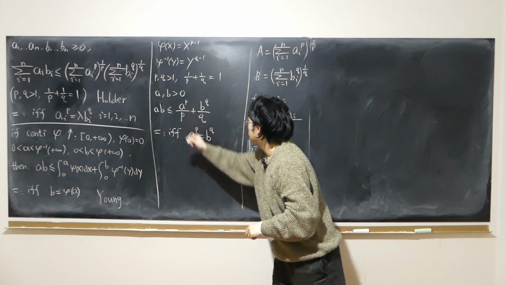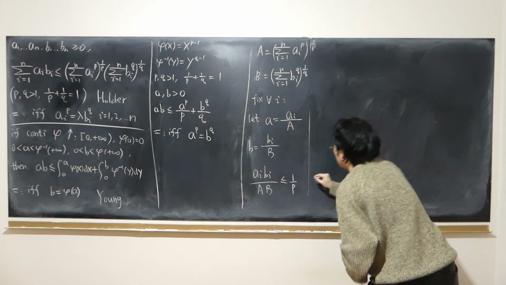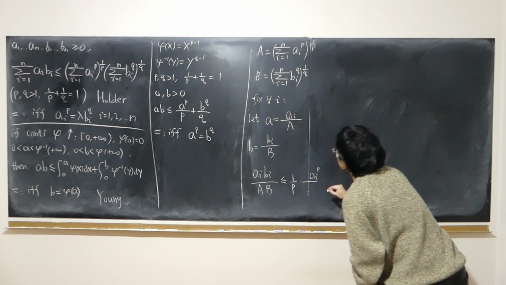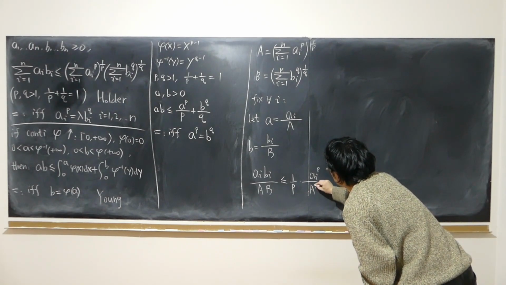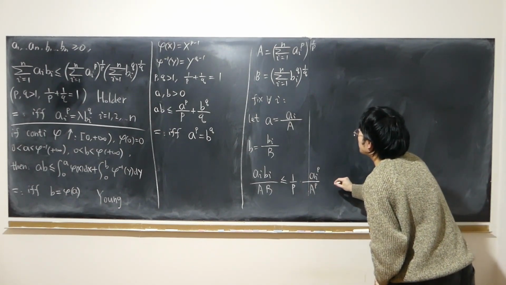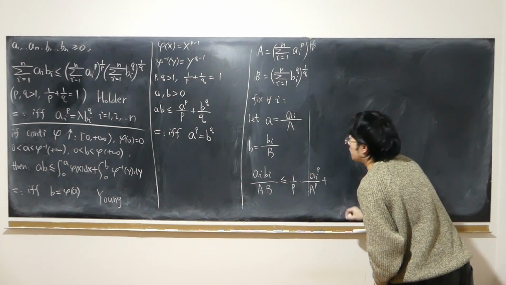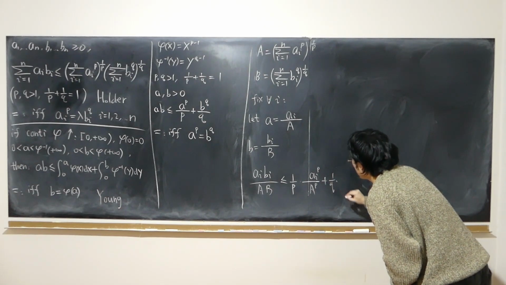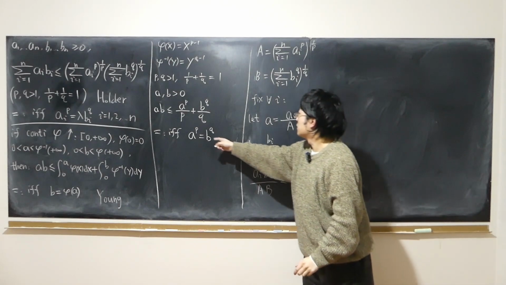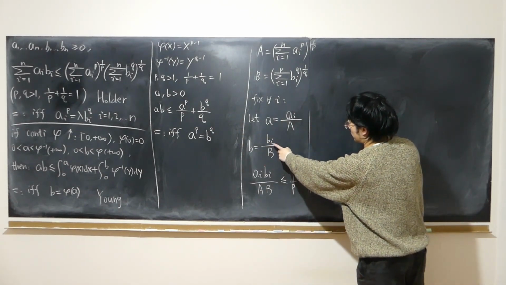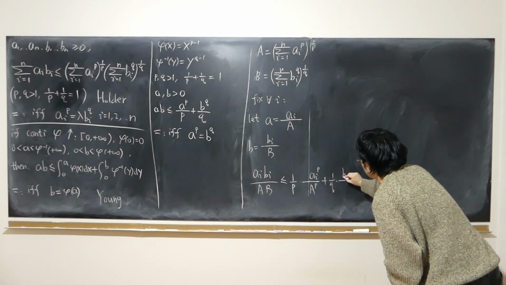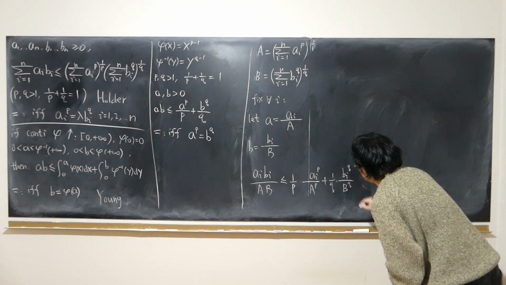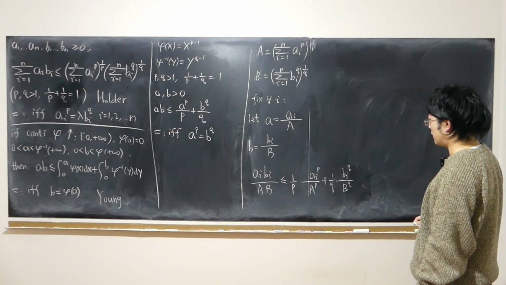So a to the power of p, that is times a_i to the power of p over capital A to the power of p. Right, distribute the power. And plus, likewise, 1 over q times b to the power of q. That is b_i to the power of q over B to the power of q. Right, this is what I have.